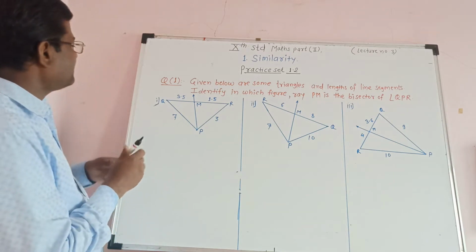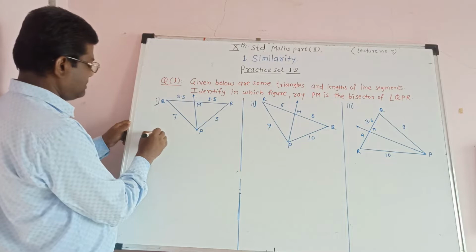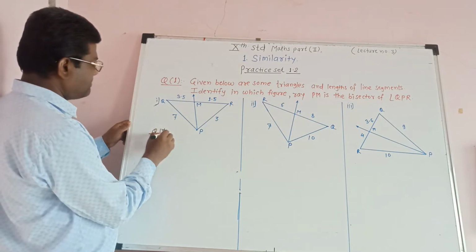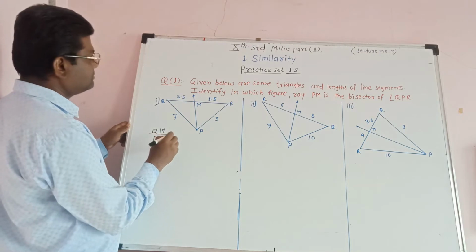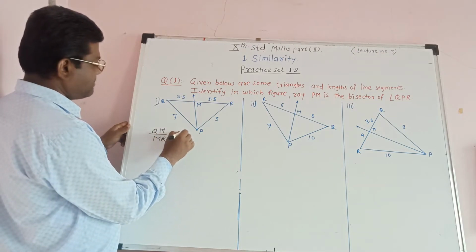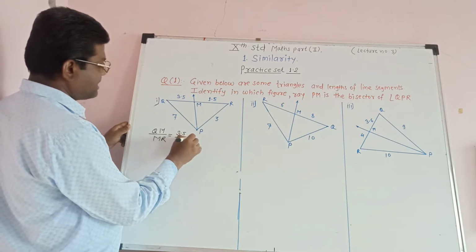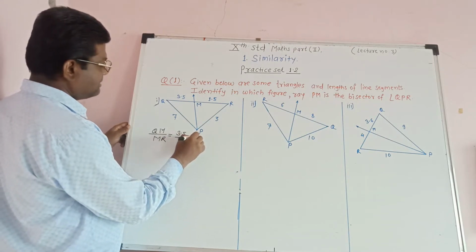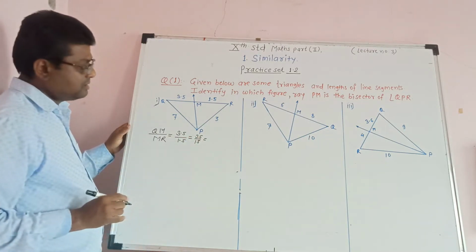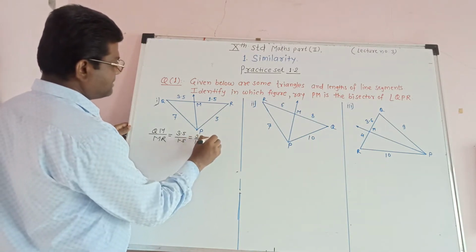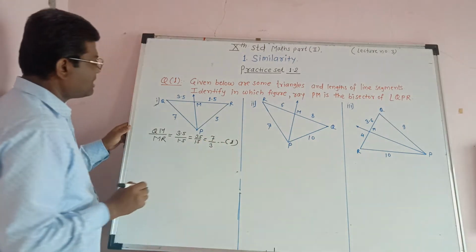So let us write, taking the ratio from point Q, QM upon MR is equal to 3.5 upon 1.5. Multiply numerator and denominator by 10, that will be 35 upon 15, divide by 5: 5 7s are 35, 5 3s are 15. This is equation number 1.